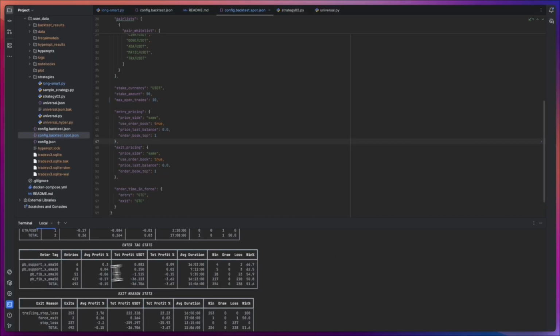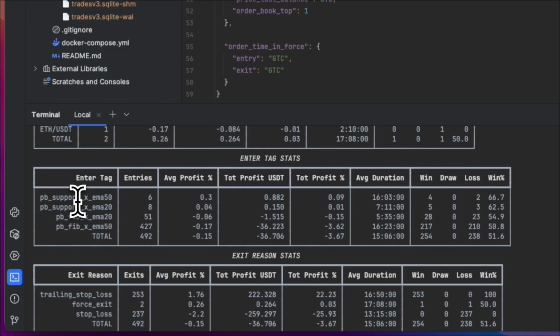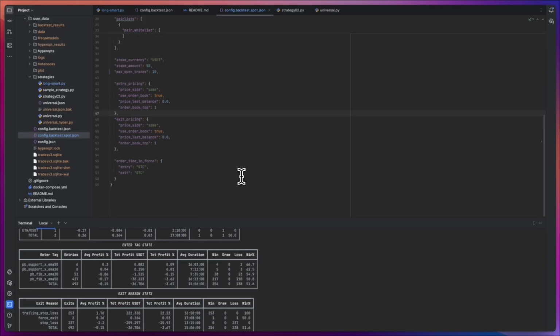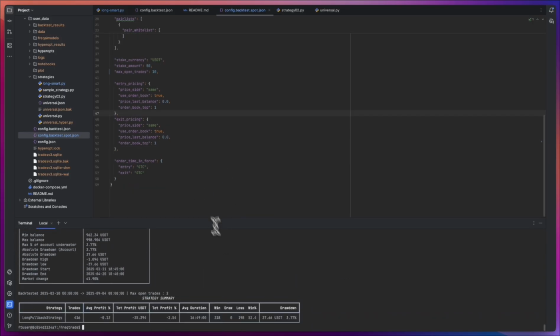So now when we disabled Fibonacci, we allow support lines to take more trades that initially were interrupted by Fibonacci, and it means that support makes more trades and less accurate right now.